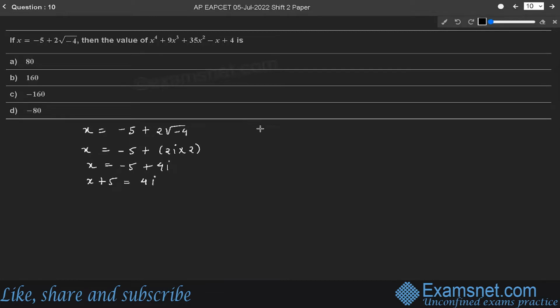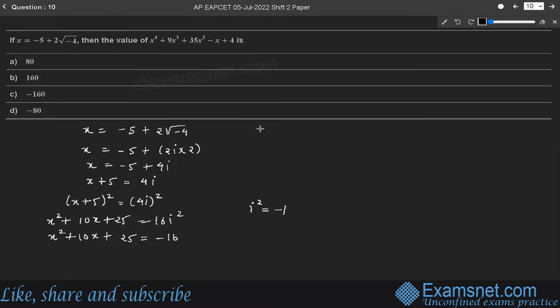Now squaring on both sides, it will be (x plus 5) whole square is equal to (4i) whole square. Applying the formula for (a plus b) whole square, it will be x square plus 10x plus 25 is equal to 16i square. So it will be x square plus 10x plus 25 is equal to minus 16, because we know that the value of i square is minus 1.